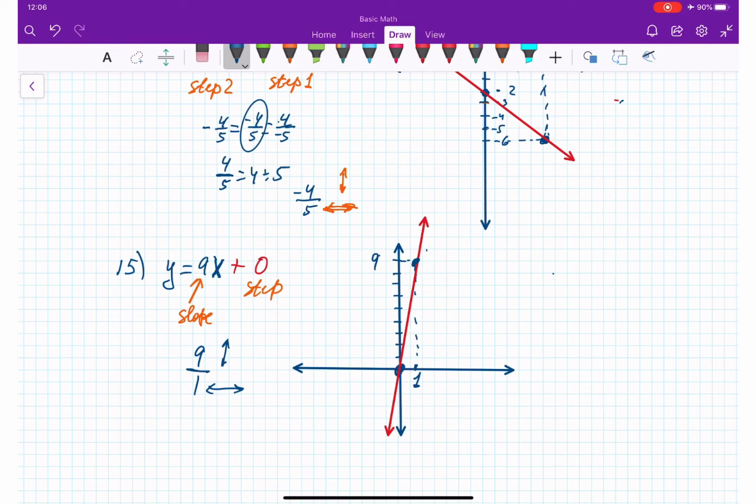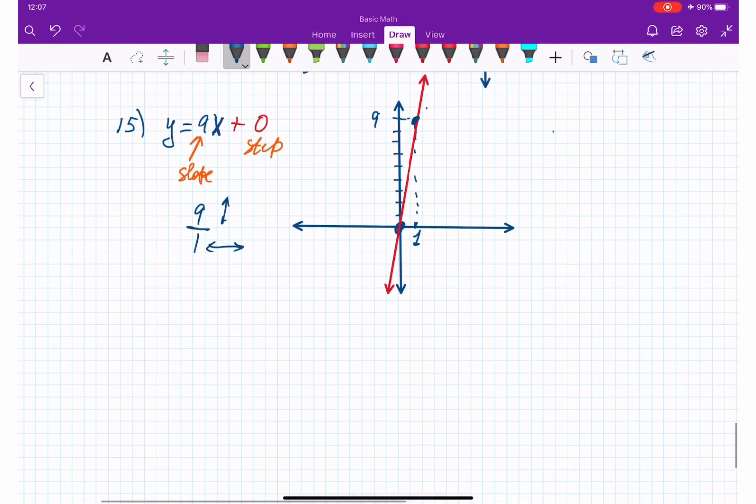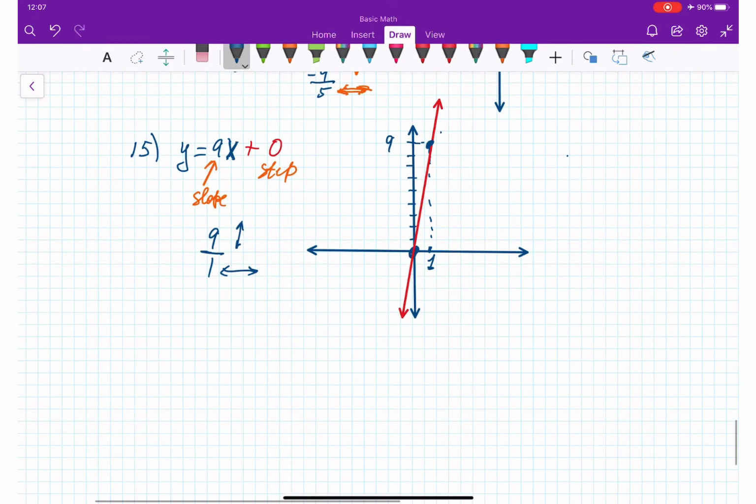Right? Question number 16. What we are given: write an equation of the line containing the given point and perpendicular to the given line.